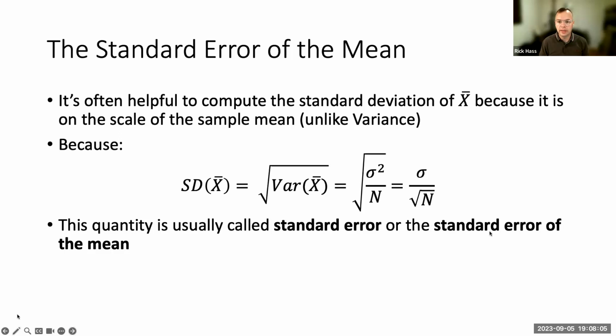In this case, it's the standard error of the mean, because that's the statistic of interest, the sample mean. It's just the square root of the variance. We found the variance to be population variance divided by n. So we take the square root of that, absorb it into the ratio, and we get the population standard deviation divided by the square root of n.